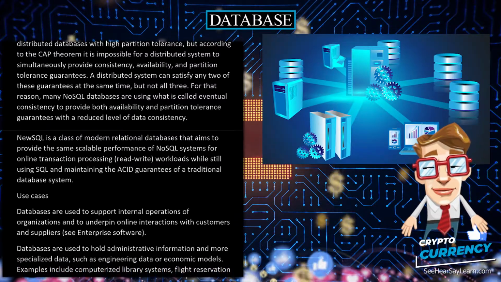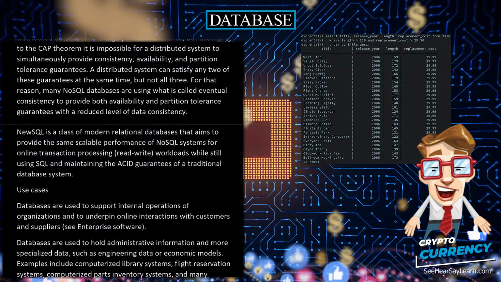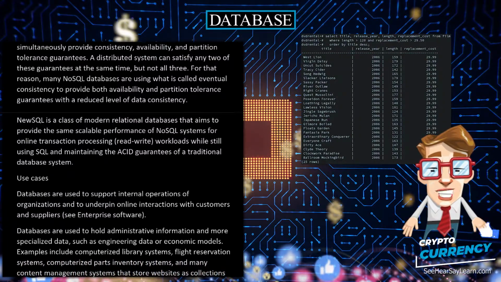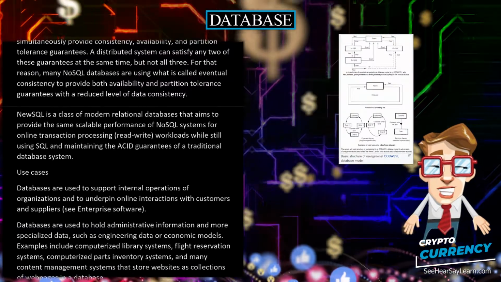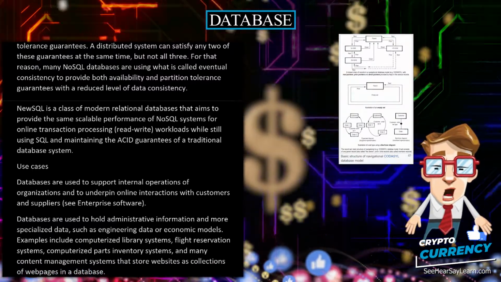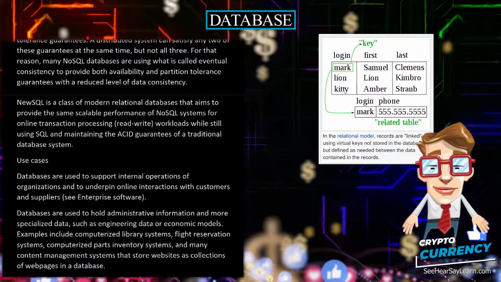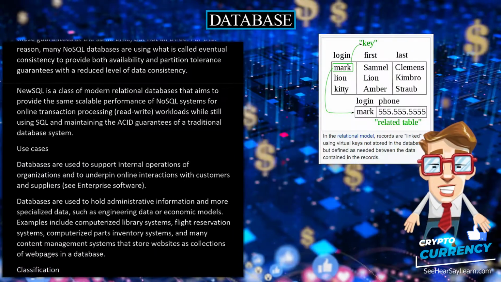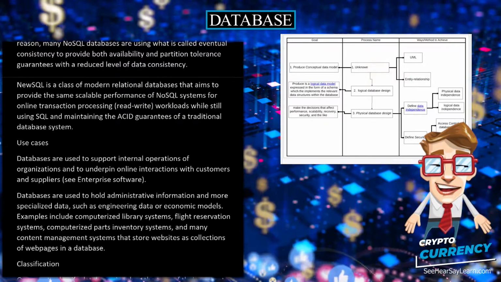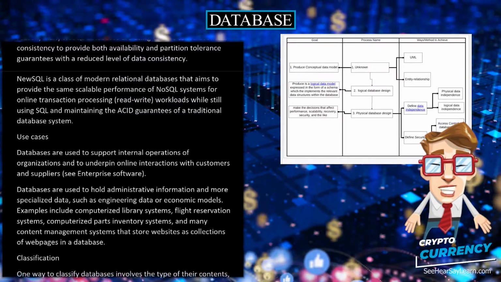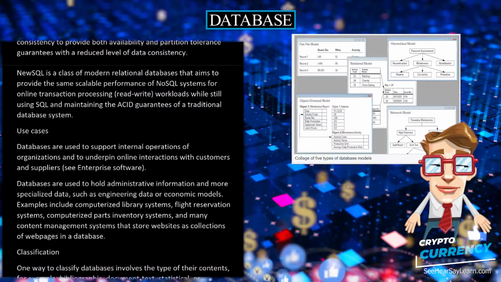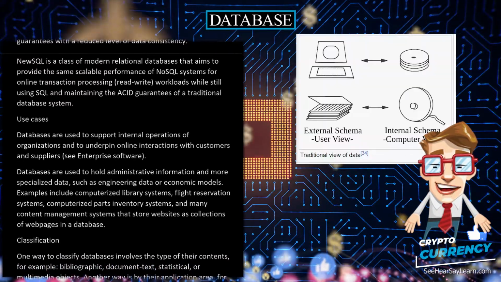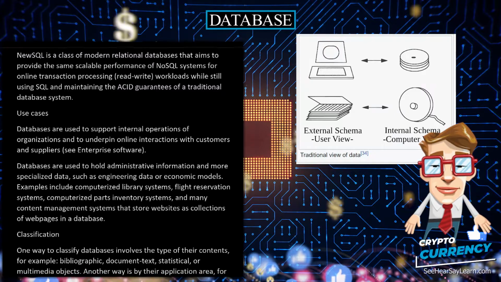For that reason, many NoSQL databases are using what is called eventual consistency to provide both availability and partition tolerance guarantees with a reduced level of data consistency. NewSQL is a class of modern relational databases that aims to provide the same scalable performance of NoSQL systems for online transaction processing, read-write, workloads while still using SQL and maintaining the ACID guarantees of a traditional database system.